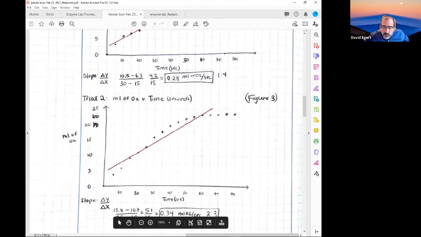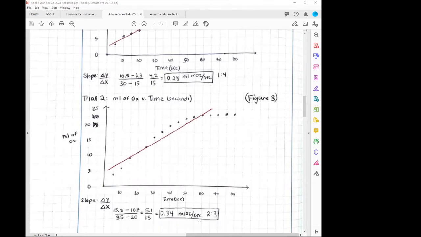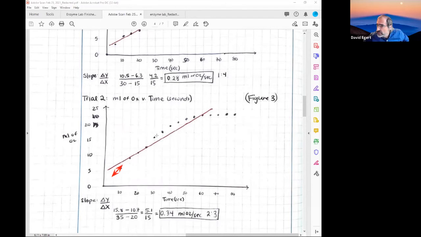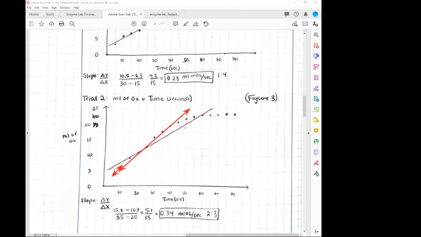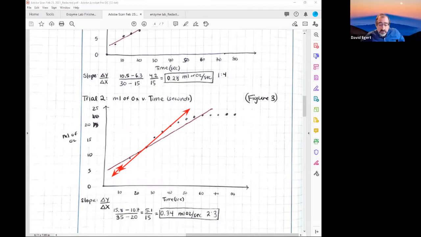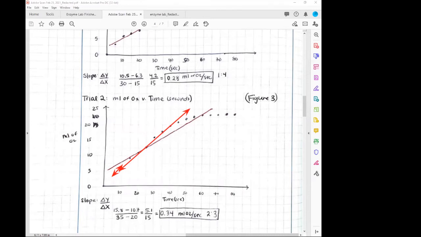If I was going to draw a best fit line for this, I would want a line that's going like where the dots are really going when it's really rolling along. This line here is not giving me a good fit.